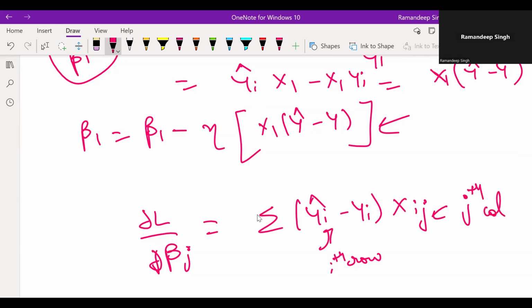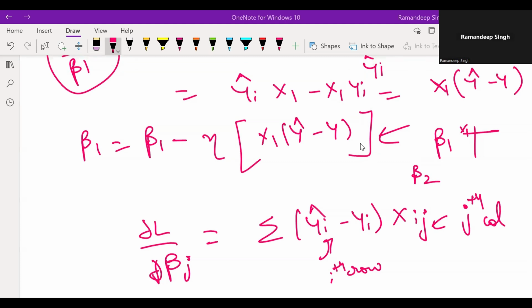So if I am calculating beta 1, it will come from my column number 1, x1, right? And if I'm calculating for beta 2, it will consider all the rows from the second column. So j will be 2, xi2, right? So yeah, this is our final result.